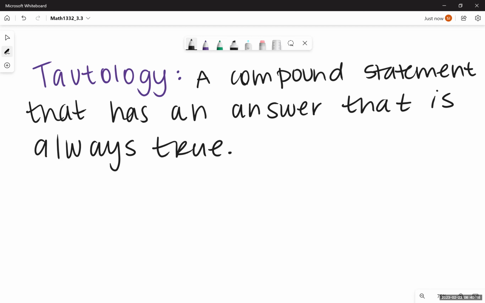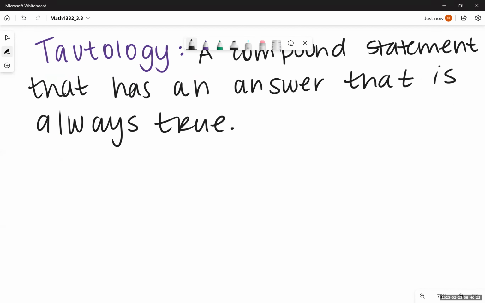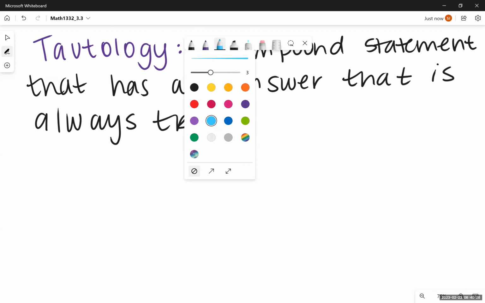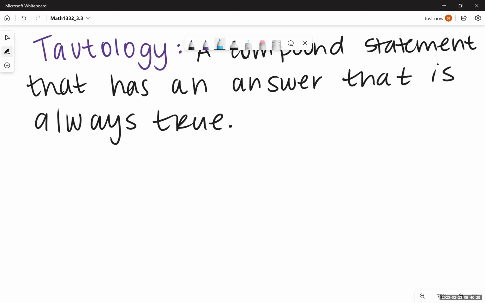A compound statement is neither if answer column is a combination of truth values. I feel like I already said that. Let me go and write it just for everybody, so my words are written and no one can say I never said it. And you'll see my blue. Okay. A compound statement is neither if answer column is a combination of truth values.